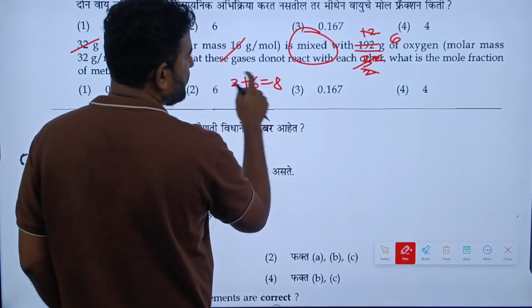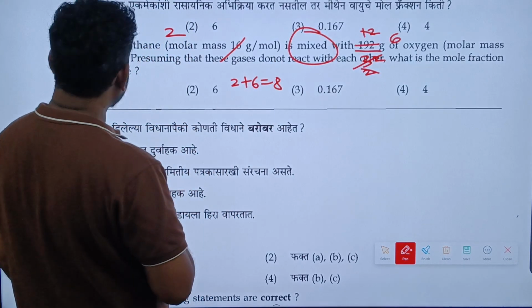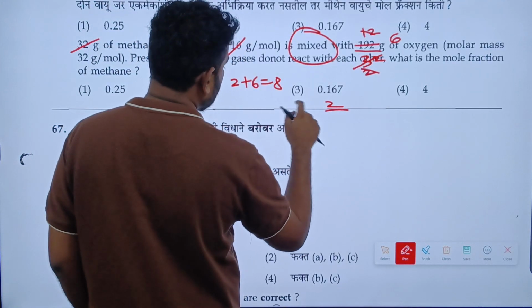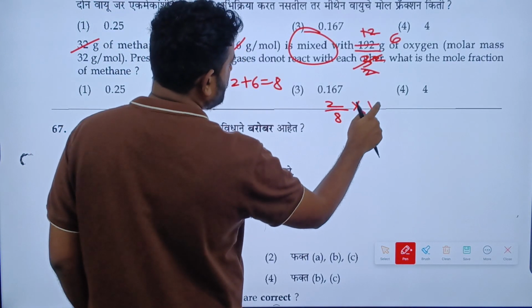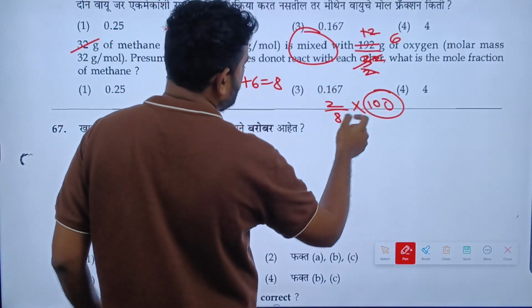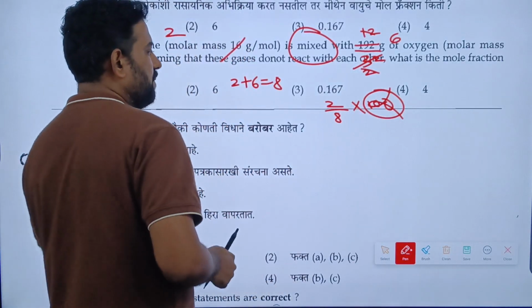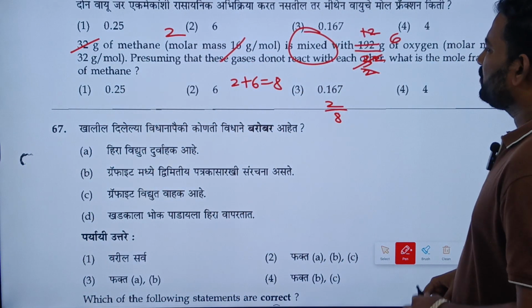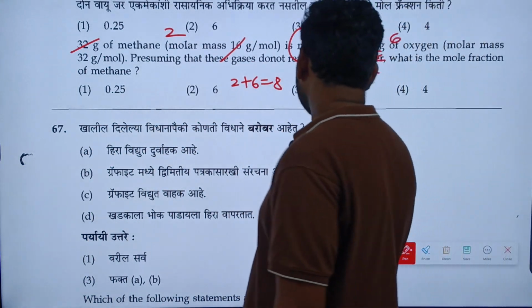So total is 8. And you have to calculate what is the mole fraction of methane. So mole fraction of methane is 2 out of 8. Into 100 is not required here. You have to just do 2 by 8.